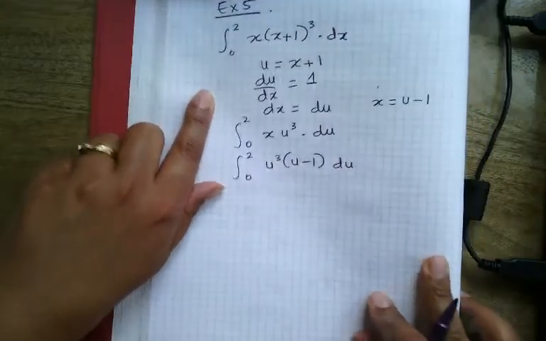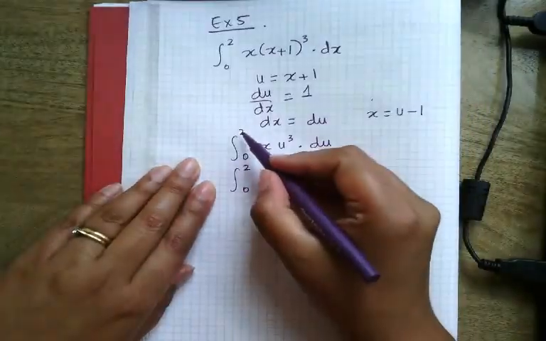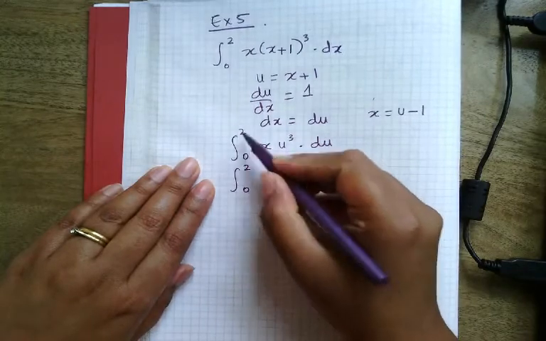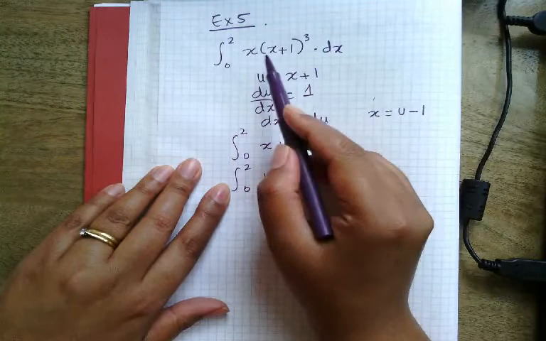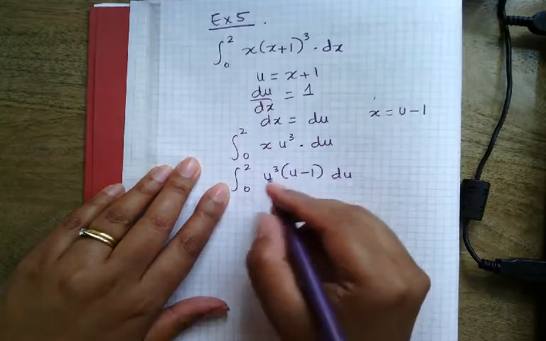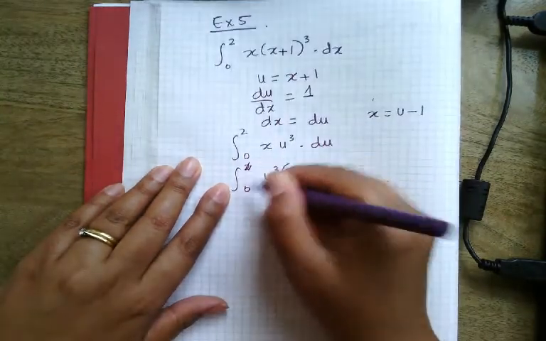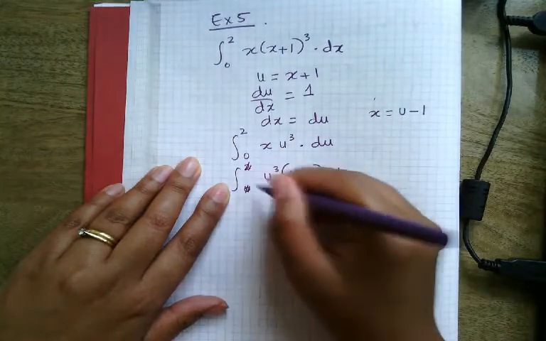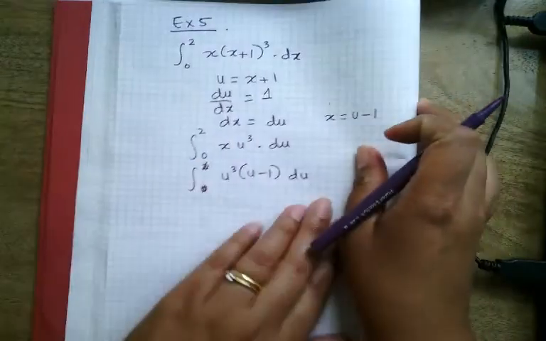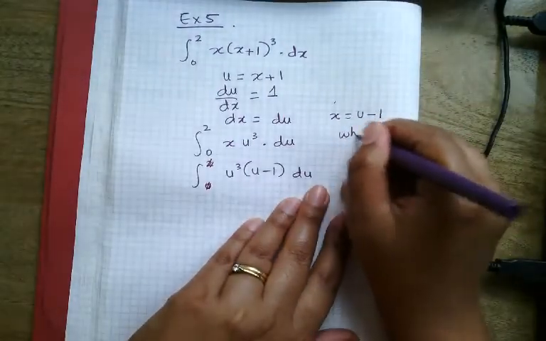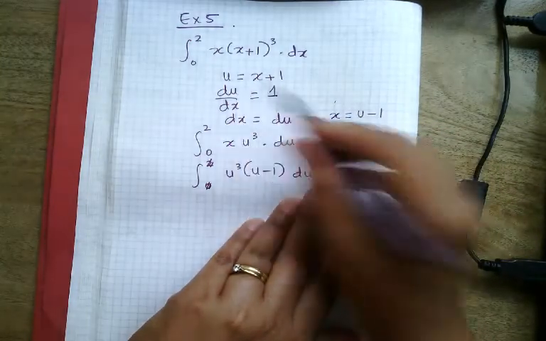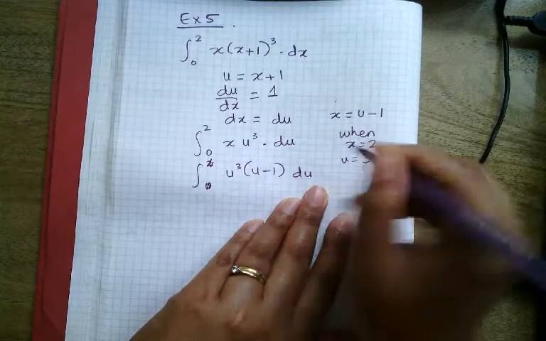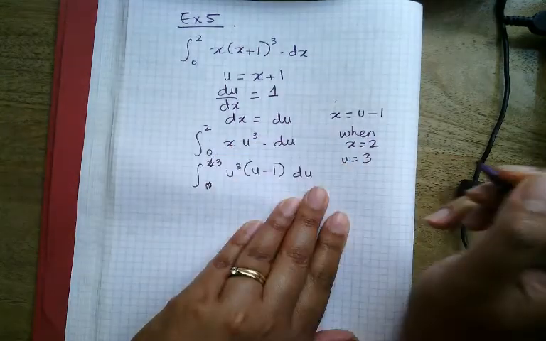Now I'm going to stop here because these limits that I've put on, they are the limits for the x function, not for the u function. So I'm going to get rid of them, and I'm going to work out what my new limits should be. So when x is 2, my u is 3, so 3 should go there.